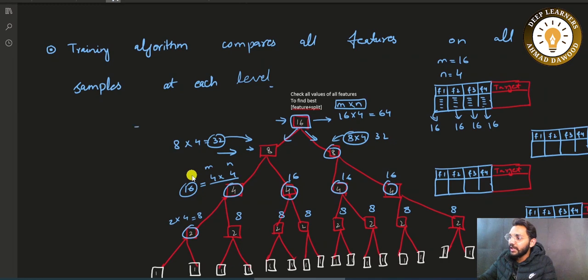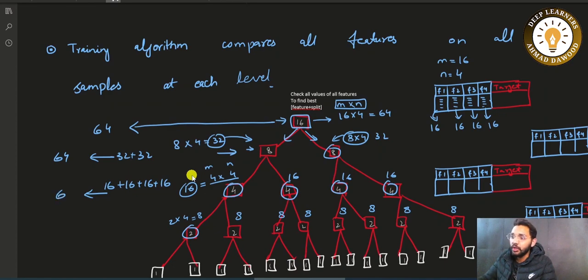At the end, when you calculate the total number of split values you have checked at each level, at the very first level you have checked 64 split values. At the second level you have checked 32 plus 32, total 64 split values. At the third level again you have checked 16, then 16, then 16, then 16, which is 64.